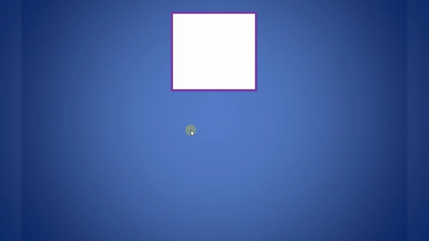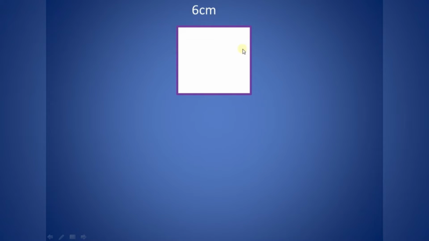Okay, look at this one. We have a square. So we're only given 6 centimeter on one side. What about the other side? How can we know the length or the measurement of the other side?